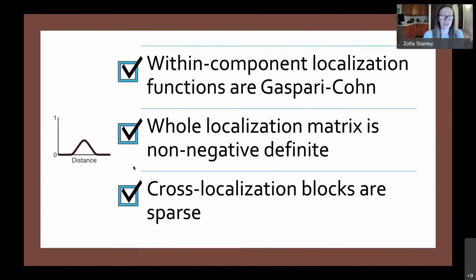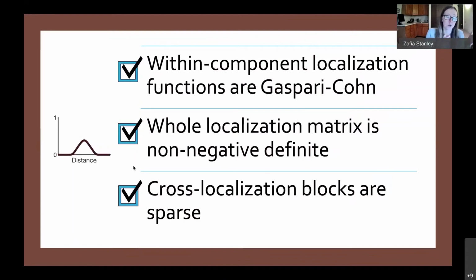And so the question that we asked was, can we construct a cross-localization function so that the whole localization matrix is non-negative definite? And we have done that. I didn't show a proof here, but I'm happy to talk about that in questions later if people want to go over that proof. But indeed, this formulation does ensure that the localization matrix is non-negative definite.